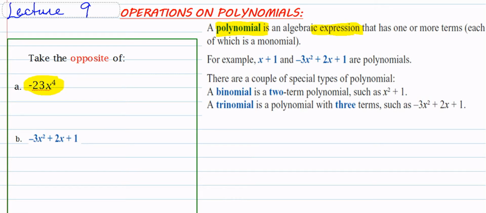Now, terms are separated by addition or subtraction. Remember that factors are separated with multiplication, okay? But we're talking about terms when we're trying to decide if a polynomial is a monomial, a binomial, trinomial, or just larger.